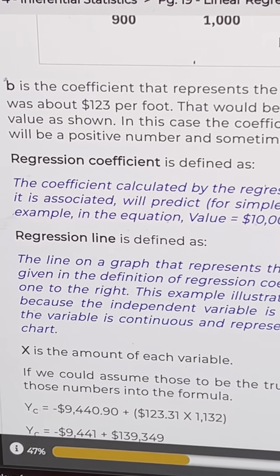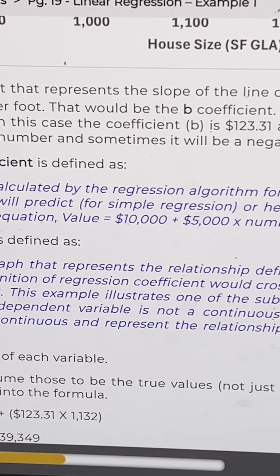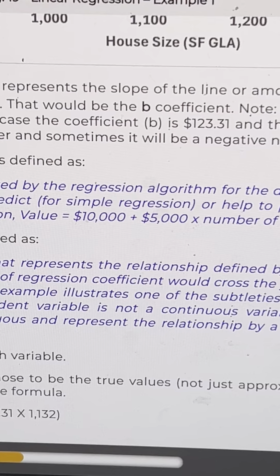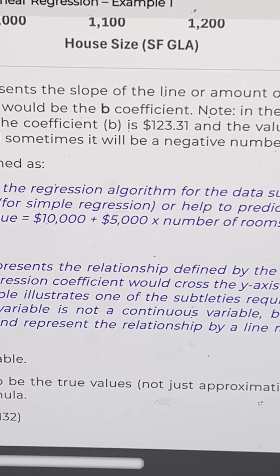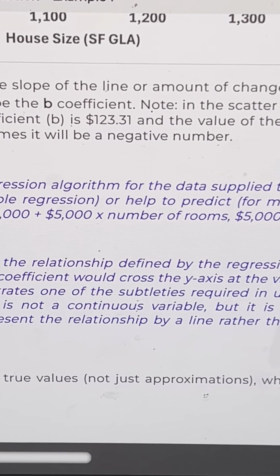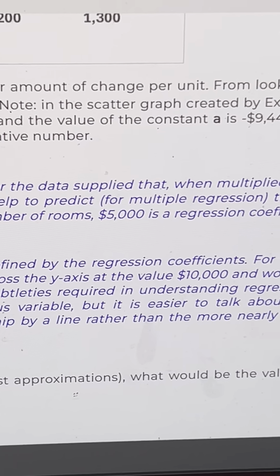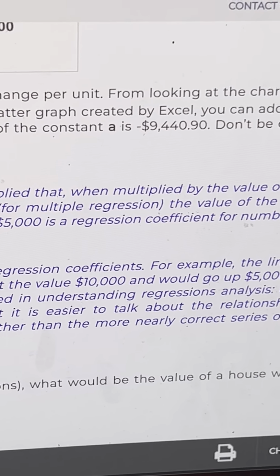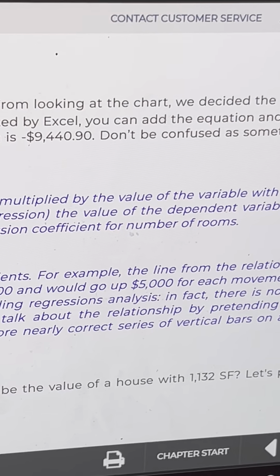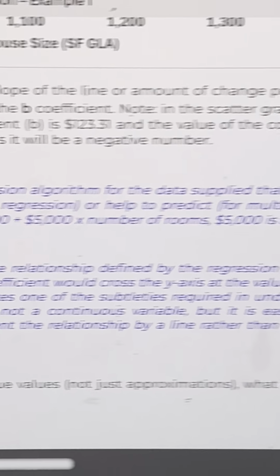For example, in the equation value equals $10,000 plus $5,000 multiplied by the number of rooms, $5,000 is the regression coefficient for number of rooms.